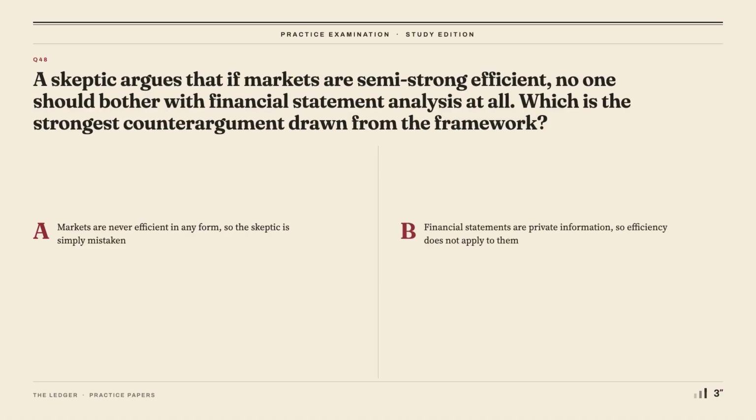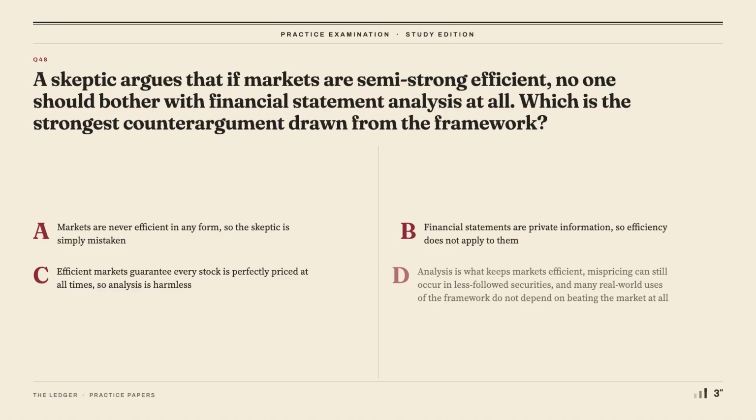B. Financial statements are private information, so efficiency does not apply to them. C. Efficient markets guarantee every stock is perfectly priced at all times, so analysis is harmless. D. Analysis is what keeps markets efficient. Mispricing can still occur in less followed securities, and many real-world uses of the framework do not depend on beating the market at all. Got a guess?